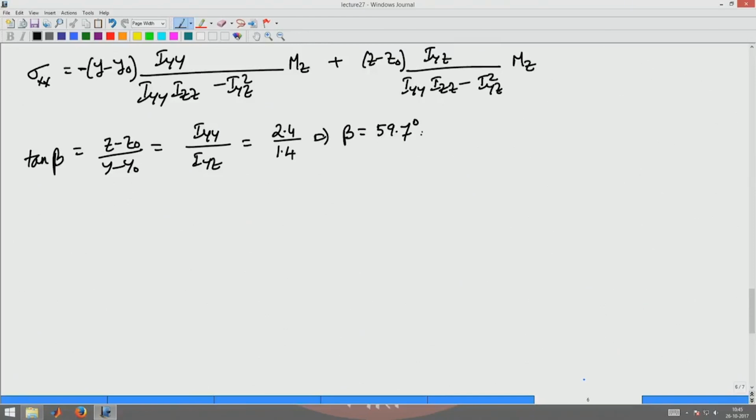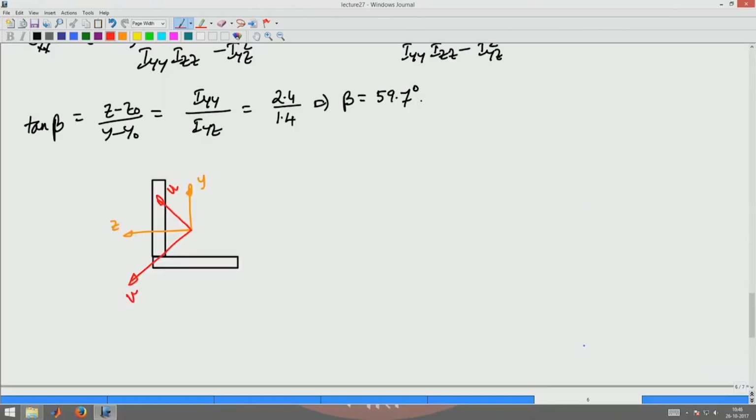Now if you look at the angle section, the principal axis is oriented at 45 degrees, but the neutral axis is oriented at 59.7 degrees. This is the neutral axis, and its orientation from the vertical is 59.7 degrees.